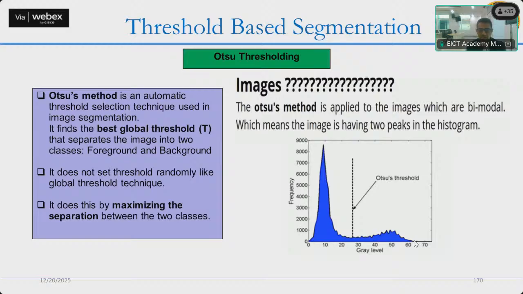So in the 64, we are saying it is 2 raised to the power 6. Remember, gray level will always be 2 raised to the power only. Why? Because it's based upon the number of bits only.